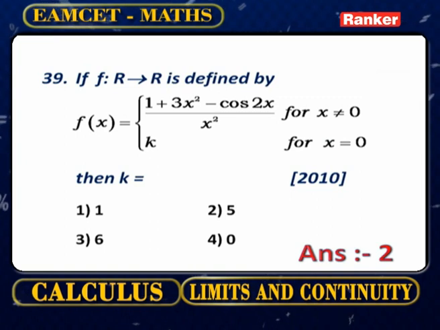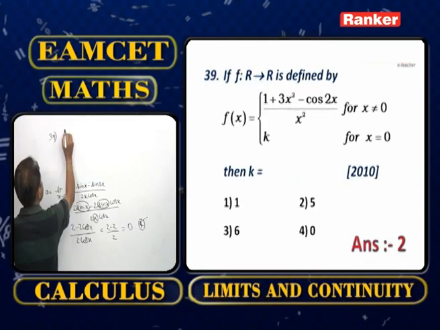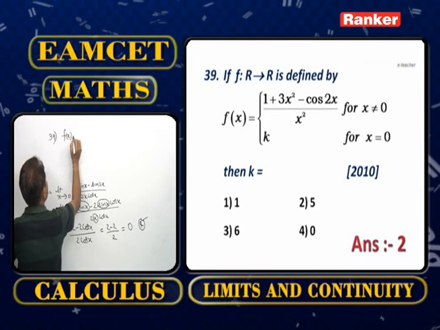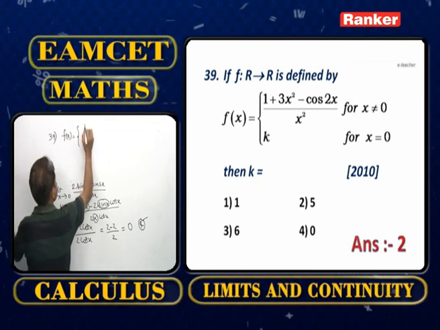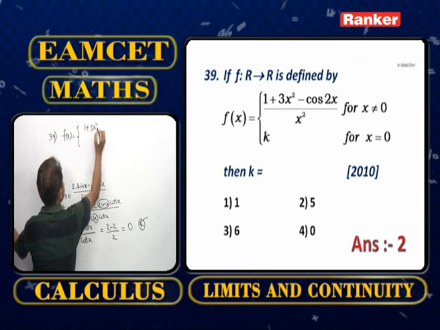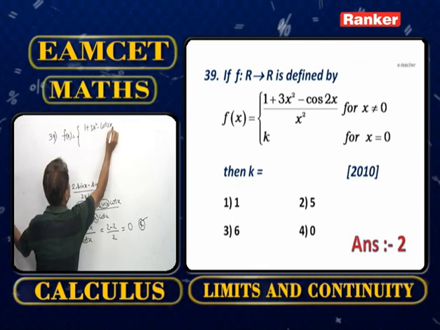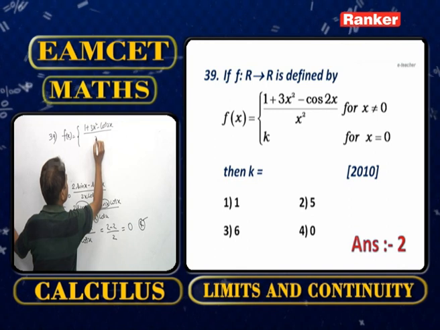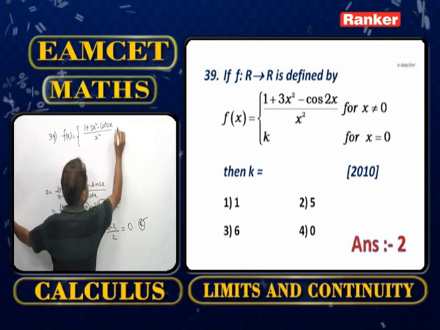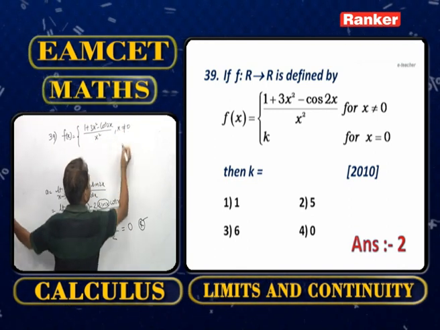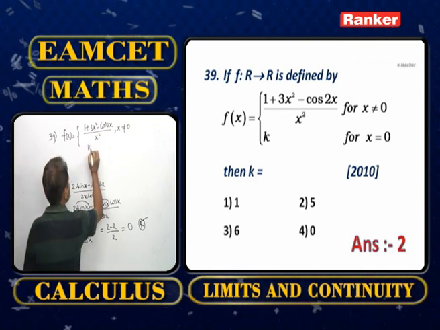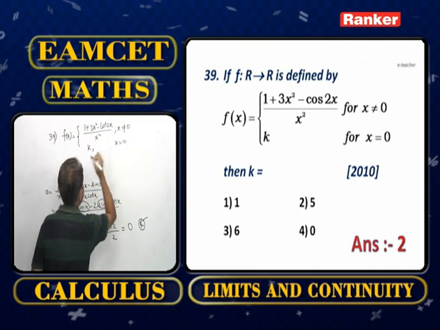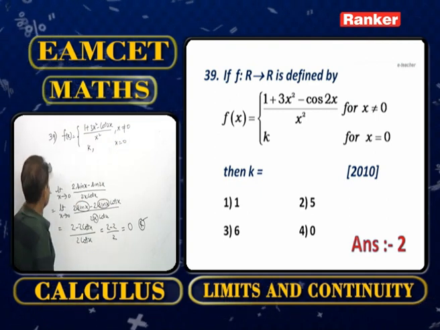What is question number 39? f of x is equal to 1 plus 3x square cos 2x by x square when x is not equal to 0. That is the definition given. And for x equal to 0, it is given k. If it is continuous, what is the k value?